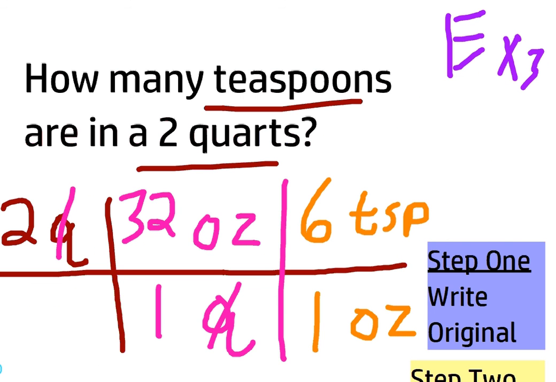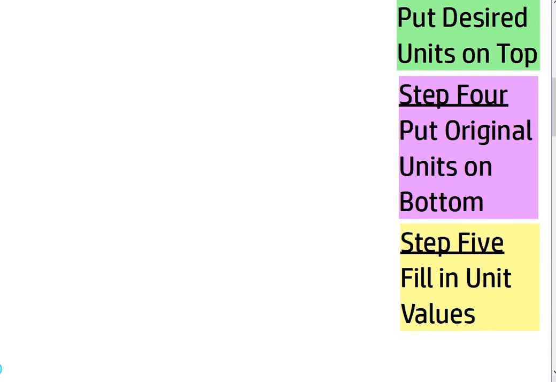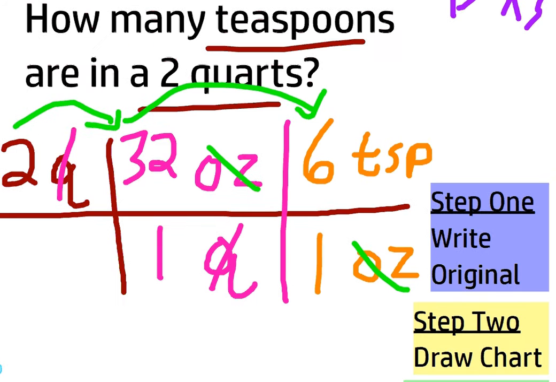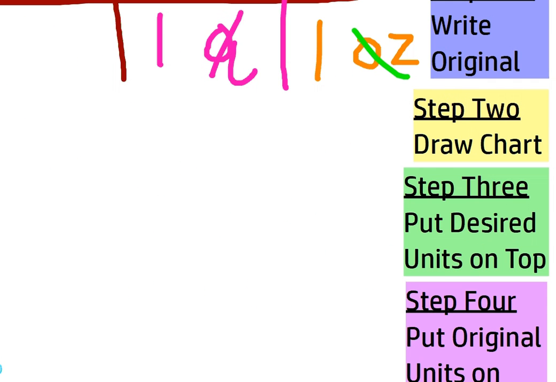So the way this one ends up working out is, the ounces will cancel. Take the 2, multiply by 32, and multiply by 6. So it would be 2 times 32 times 6. So it's basically 64 times 6.